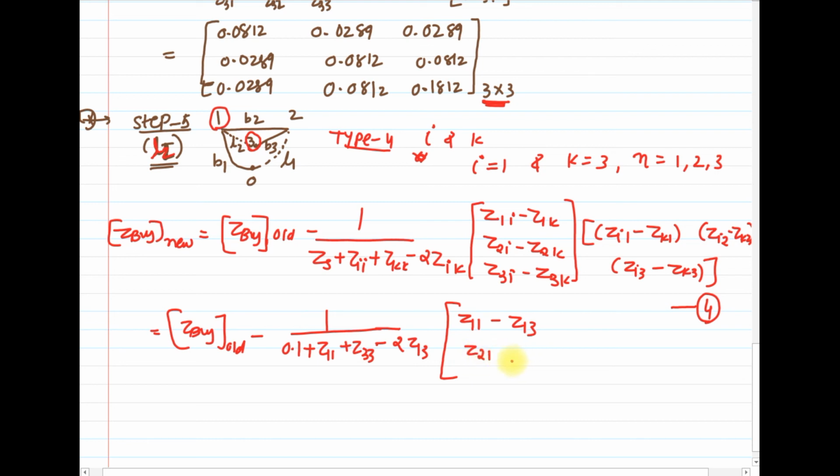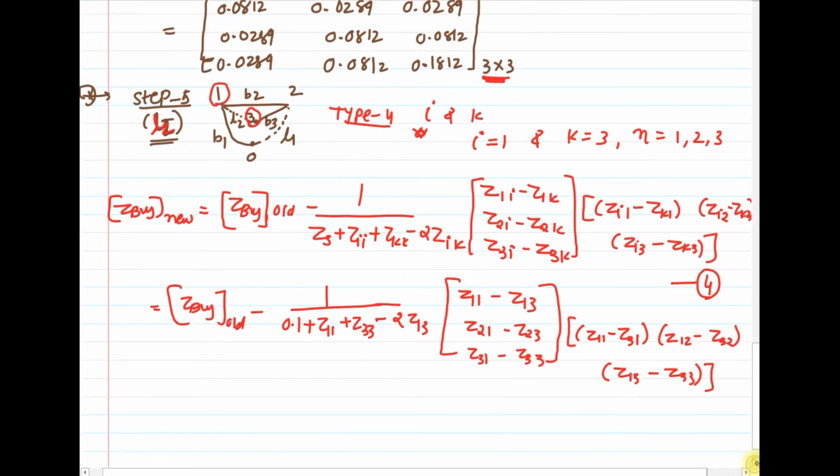and the last element, which is z31 minus z33. Clear? And into the row vector, which is z11 minus z31, z12 minus z32, and the last element, which is z13 minus z33.